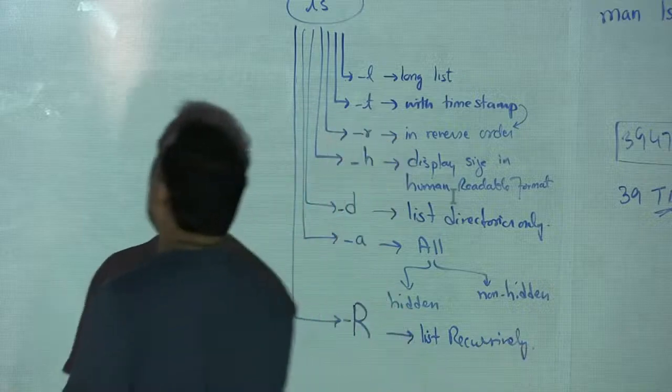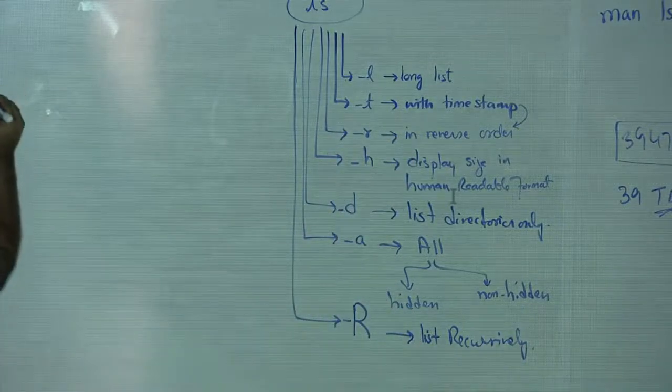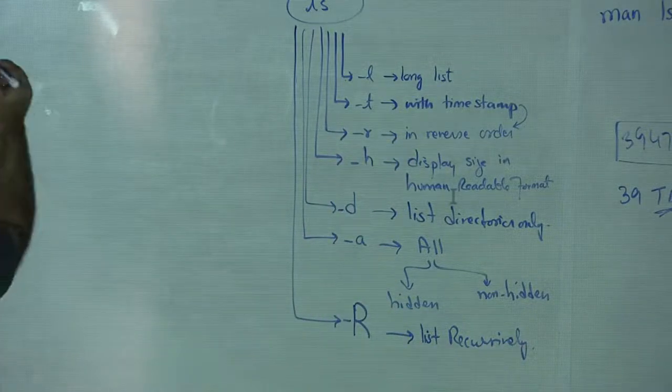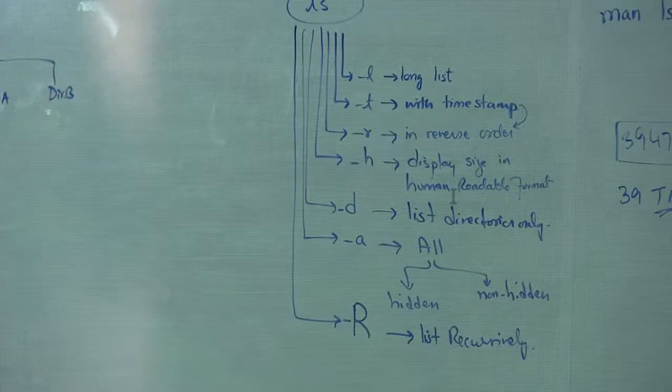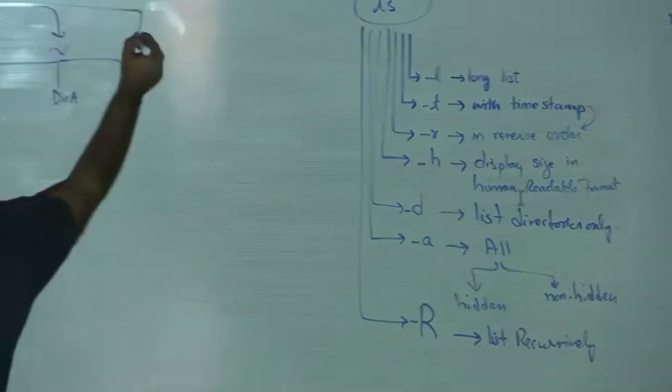So for example, I have in my home directory A, and then I have directory B, and then I have directory C. Okay? Now if I just type in ls, it is showing me all these directories.